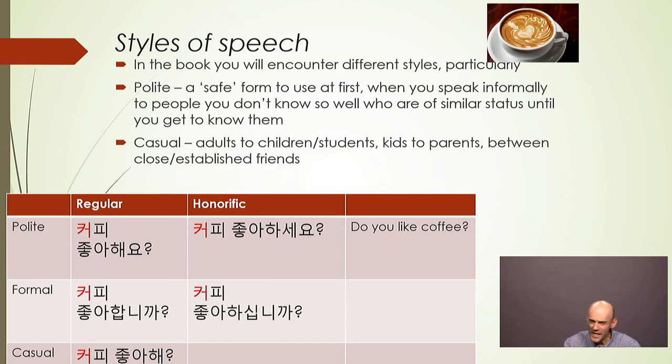But also, one of the great things about this book is it really teaches the casual form very early. And this is the form you're going to hear in TV dramas. And this is used by adults to children, for example, or adults to students, but also by kids to parents often.